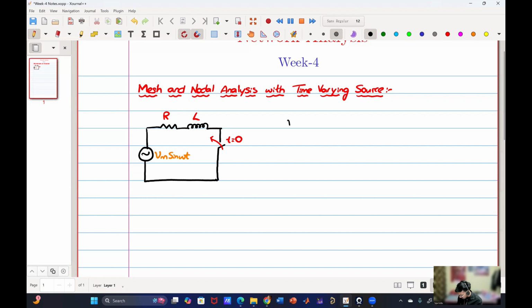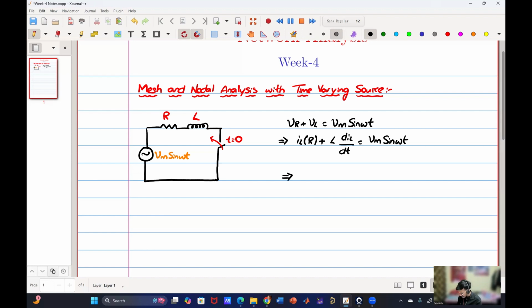We'll get VR plus VL equals Vm sine omega t, right? VR is IL into R, plus VL is L dIL by dt, which equals Vm sine omega t.